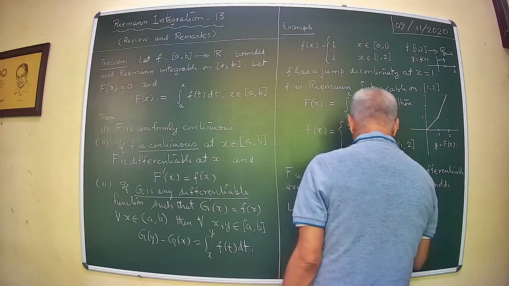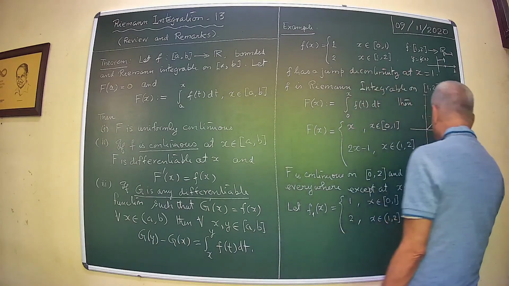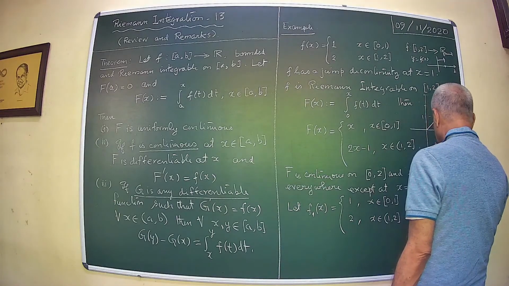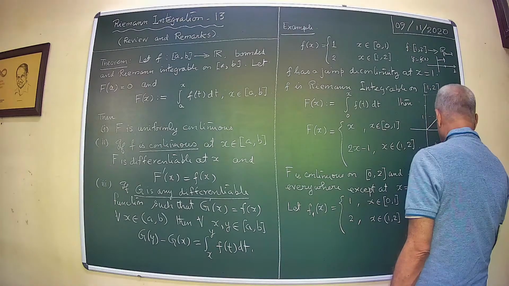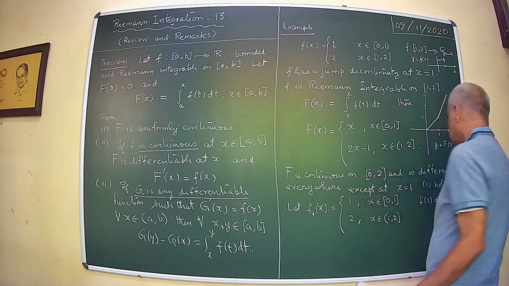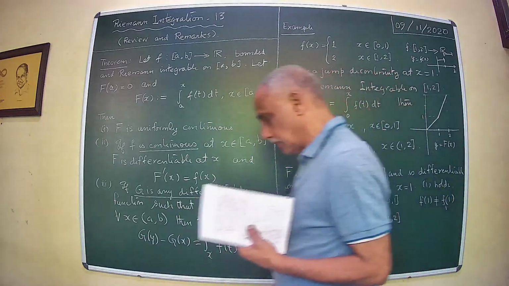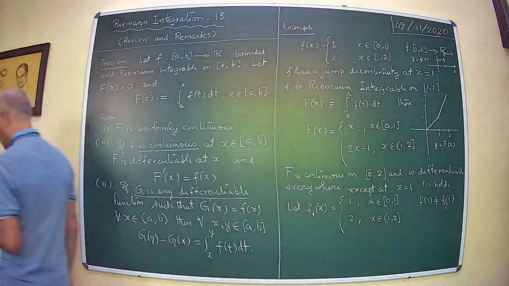Then you see that f1 is different from f. So these two functions are different at the point x equal to 1.